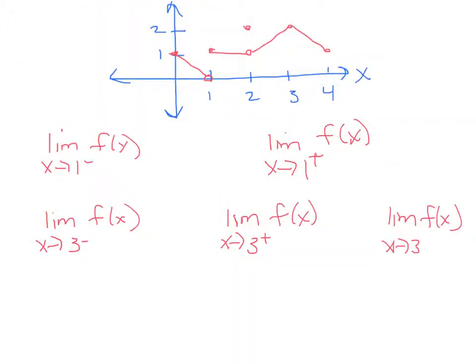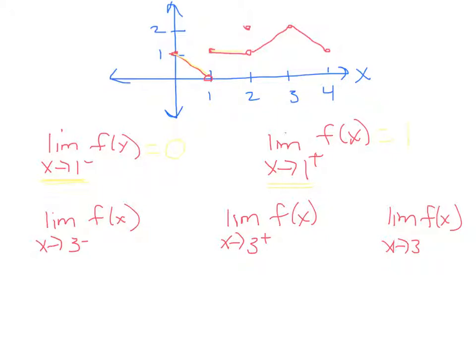Okay, so let's take a look at this picture once again. This time I want to take a look at what's happening to the limit of f of x as x approaches 1 from the left-hand side. So as I come in to the x value of 1 from the left-hand side, I see that that goes to 0. If I come into 1 from the right-hand side, oh, I see that this time it goes to 1.